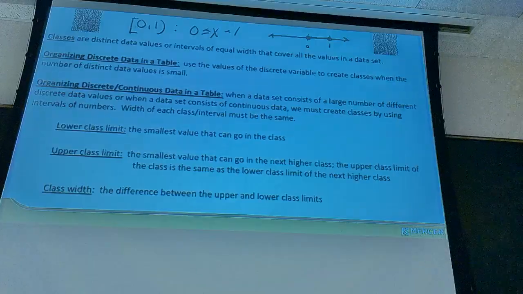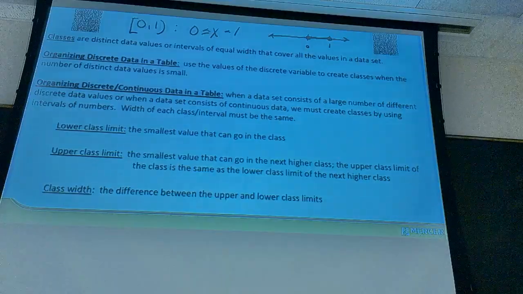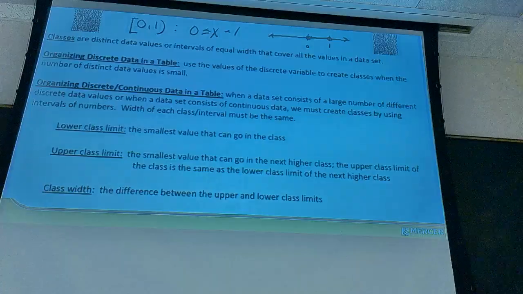Lower class limit is the smallest value that can go in the class. That is your left endpoint. The upper class limit is the smallest value that can go into the next class. Right?